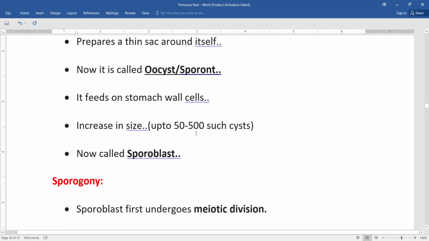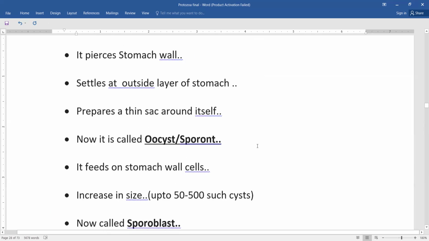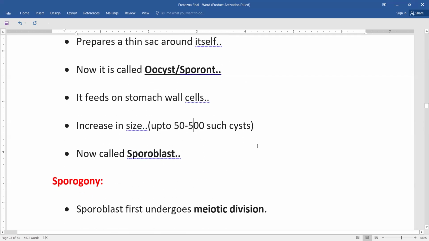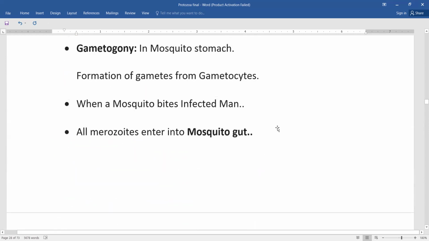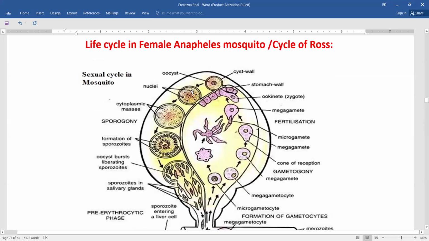In general, during this kind of infection of the Anopheles mosquito, about 50 to 500 such cysts are produced on the wall of the stomach or gut. Here, the nucleus is divided and each daughter nucleus acquires some amount of cytoplasm. Now it is called a sporoblast.